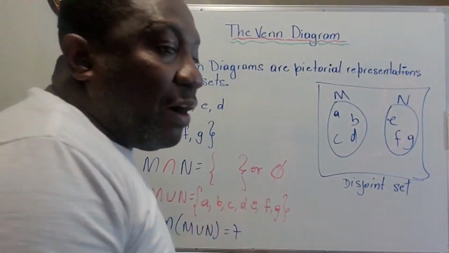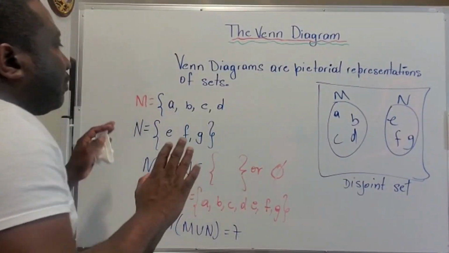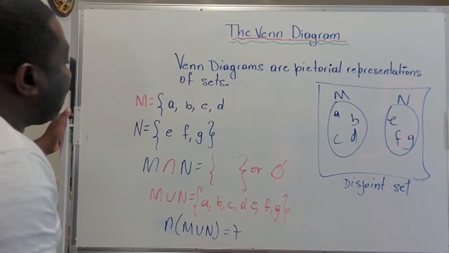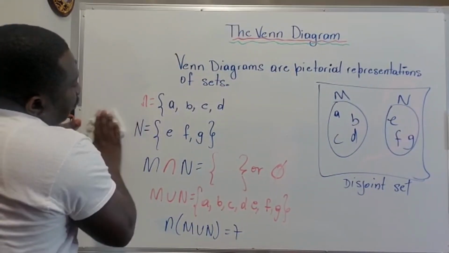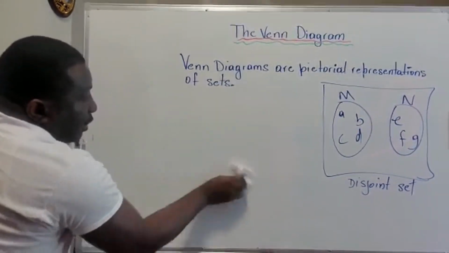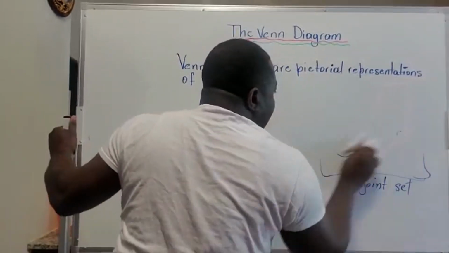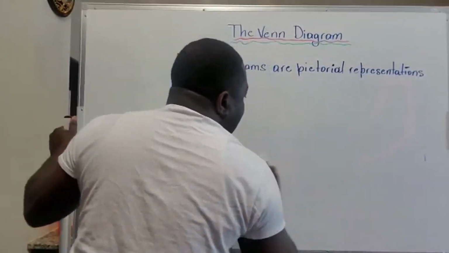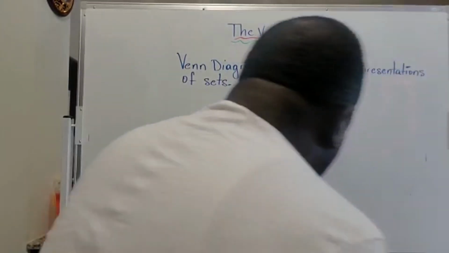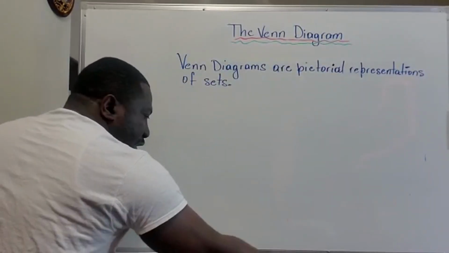Now, I've done examples with 2 sets. Let me try one with 3 sets. So I'm going to do one having 3 sets. Again, guys, you can pause the video and watch at your own pace and your own convenience. Let us use, this time I'm trying to get a different color.